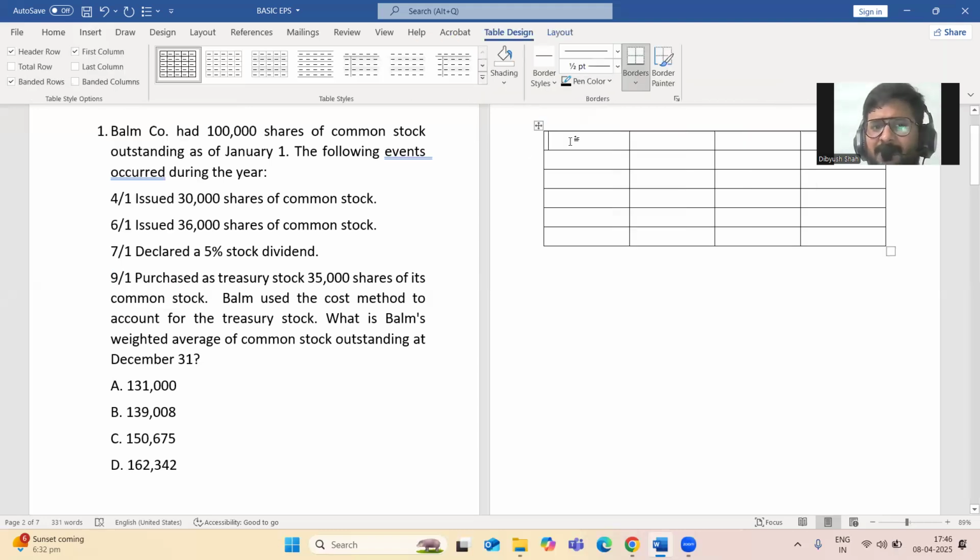I'm preparing a table for those of you who are accustomed to it. You don't need to. So: date, particulars, weight or proportion assigned, and then weighted average shares.